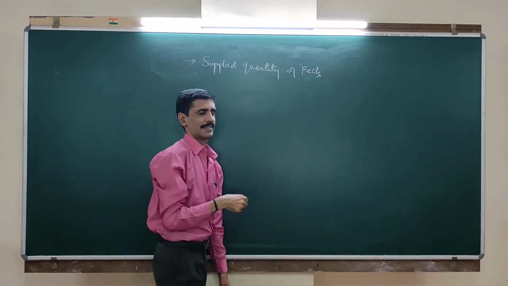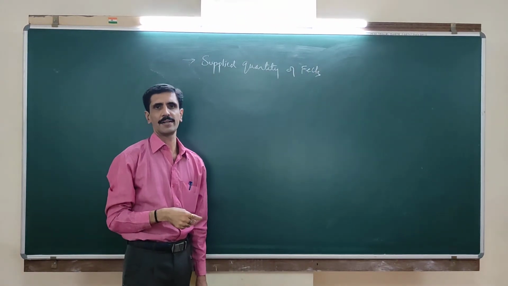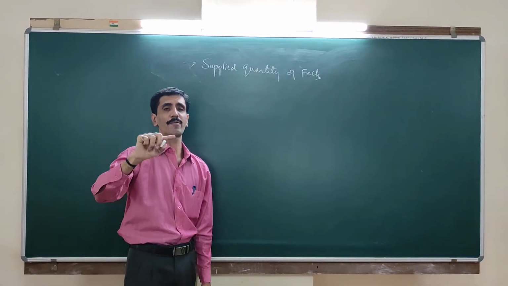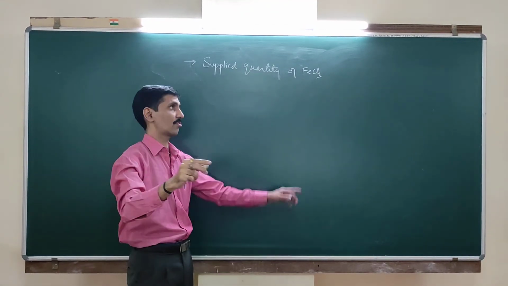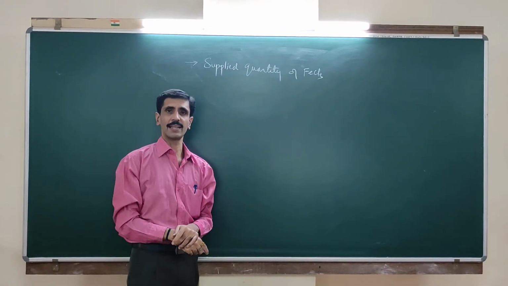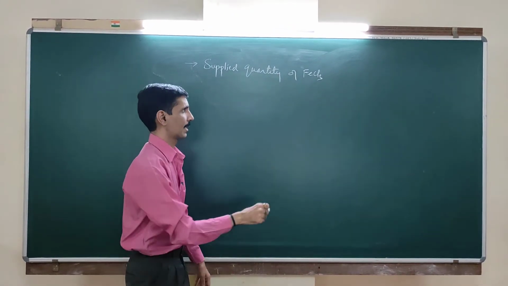of FeCl3, that is ferric chloride. As I already told you, the complex contains Fe in the form of plus 3. Okay, so ferric. So the supply quantity of FeCl3 has to be taken in a beaker.